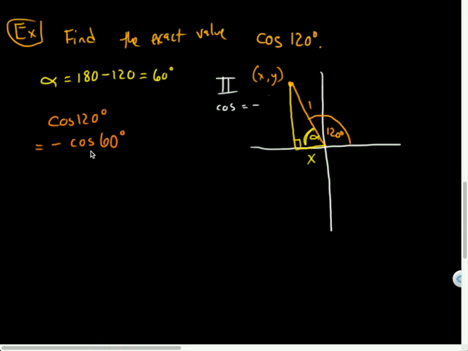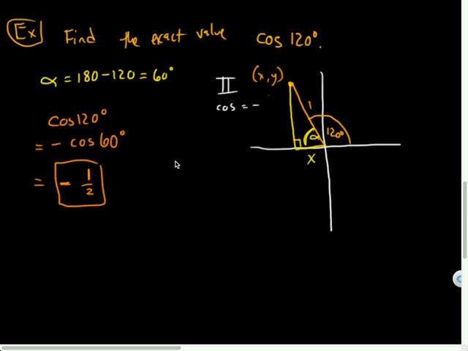Does anyone remember what cosine of 60 degrees was from yesterday? It turns out cosine of 60 degrees is 1/2. So negative cosine 60 is negative 1/2.